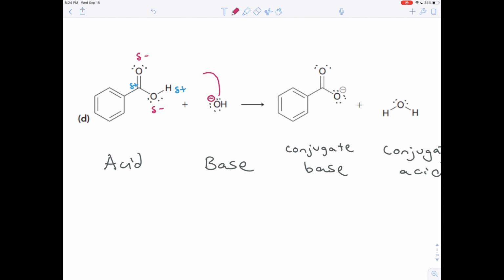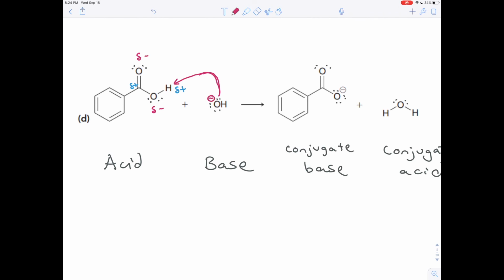Now, this could technically attack 2 things here. It could attack this carbon, or it could attack this hydrogen. The one that's easier is the hydrogen because it is more exposed. It's open to the outside world all around it, whereas this is crowded around it. So you always start the arrow at the electrons at the most negatively charged thing, and it points to the most available positively charged thing.